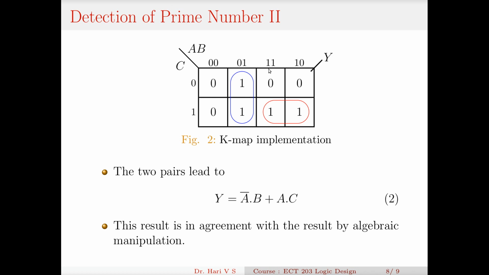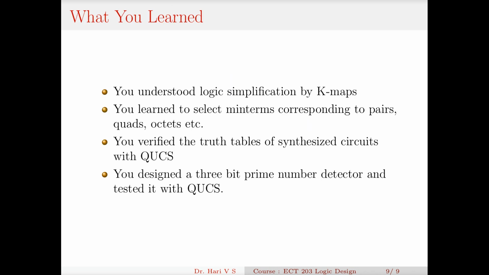So I should say this is A and C. A is 1, C is 1, so it is A and C. So A bar B or AC. You can see that this is in agreement with the earlier algebraic manipulation. This we did with QUCS, so I don't do that again. So this is how you do the entry in a 3-variable Karnaugh map.